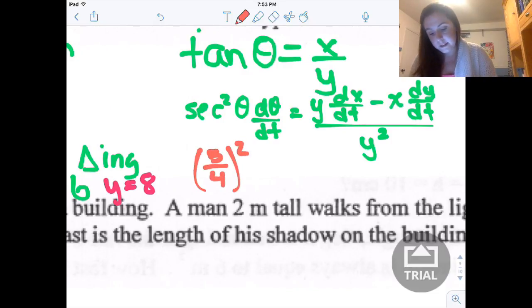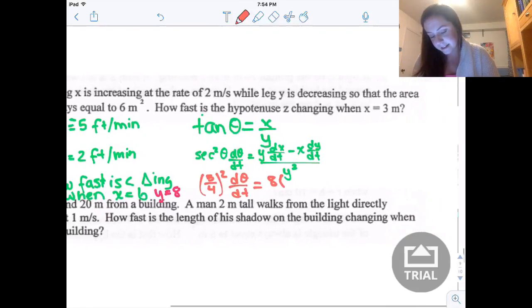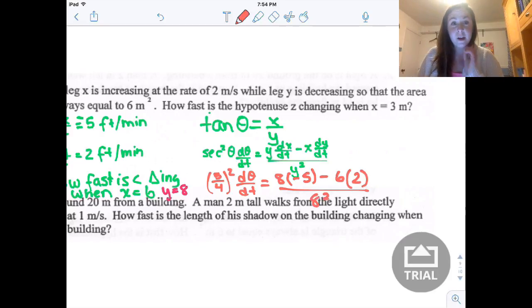d theta dt equals, all right, now you're going to plug in. So y is 8, dx dt is -5, minus x is 6, dy dt is 2, over y squared, which is 8 squared. And I made up these numbers. I make no guarantees about if this comes out nicely.